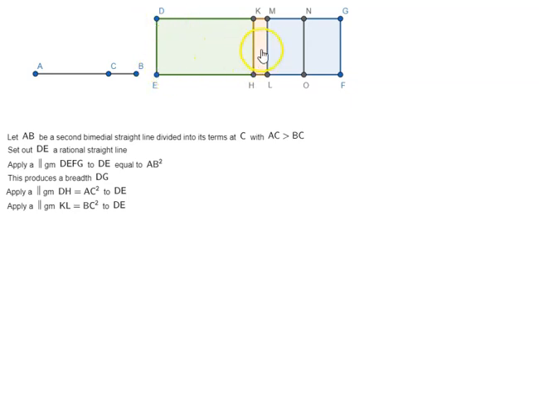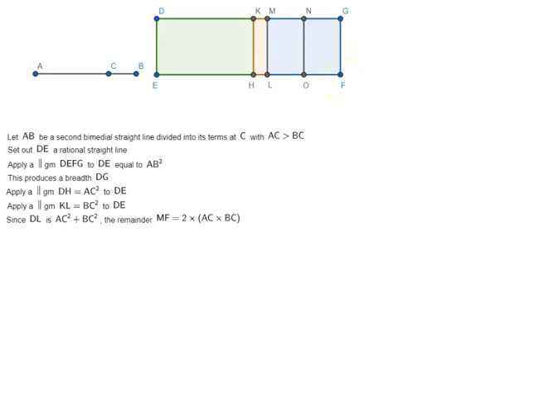We want to add it up. So DL is DH plus KL. DH is AC square and KL is BC square. So AC square plus BC square is DL, so that the remainder MF will be equal to 2 times AC by BC.